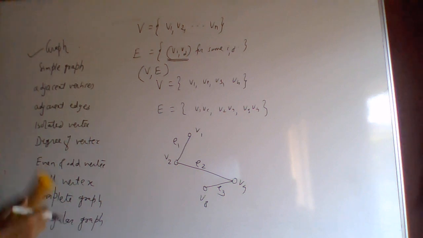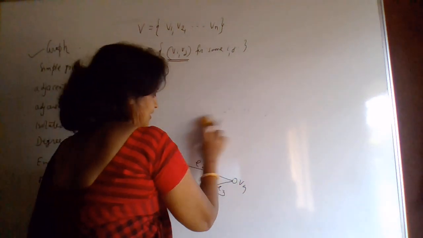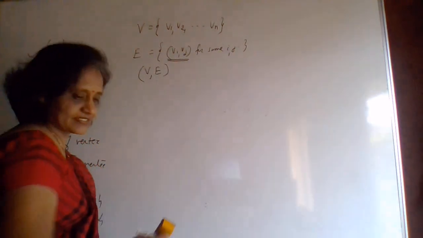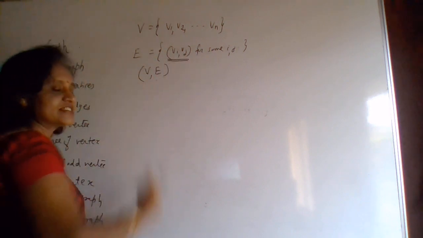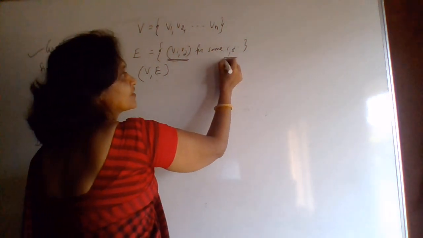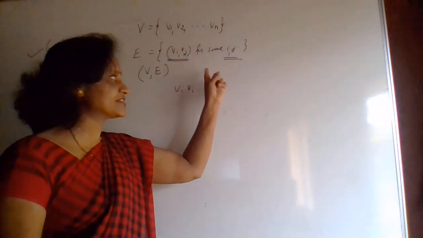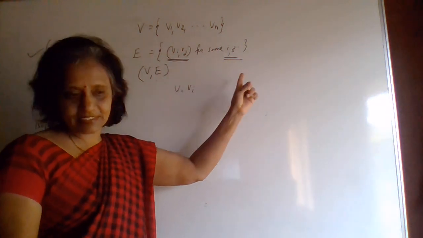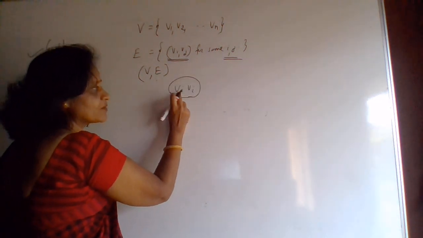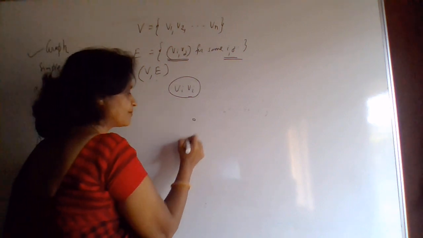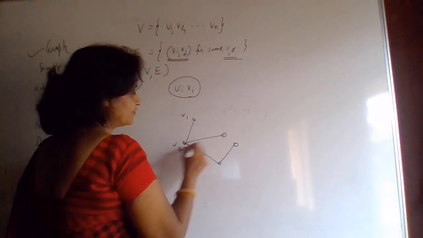Simple graph. Simple graph means, now, as I said, our edge set is ViVj. I have not given any restriction on i and j, so I may have ViVi, because currently there is no restriction on i and j. But if a graph is such that there is no edge of the type ViVi, for example, now let's have this graph V1, V2, V3.